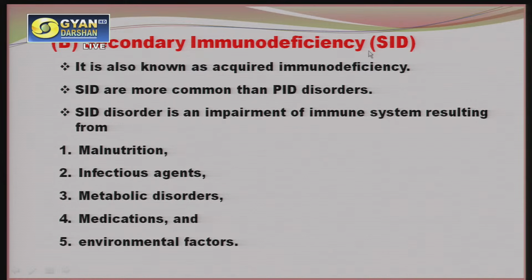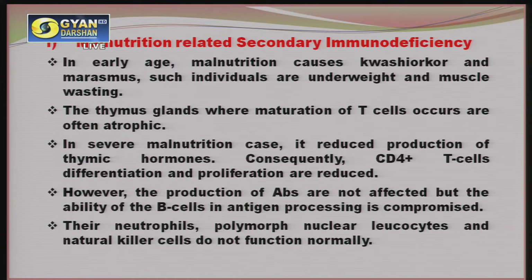Secondary immunodeficiency is more common than primary immunodeficiency disorder, and it impairs the immune system resulting from malnutrition, infectious agents, metabolic disorders, medications, and fifth is environmental factors. So these are the number of things which come under secondary immunodeficiency. I want to discuss them one by one.